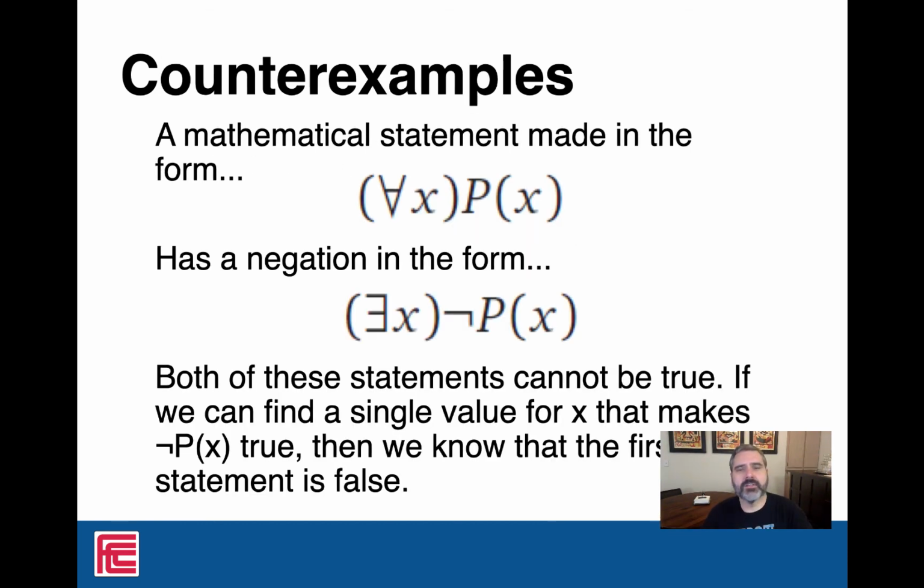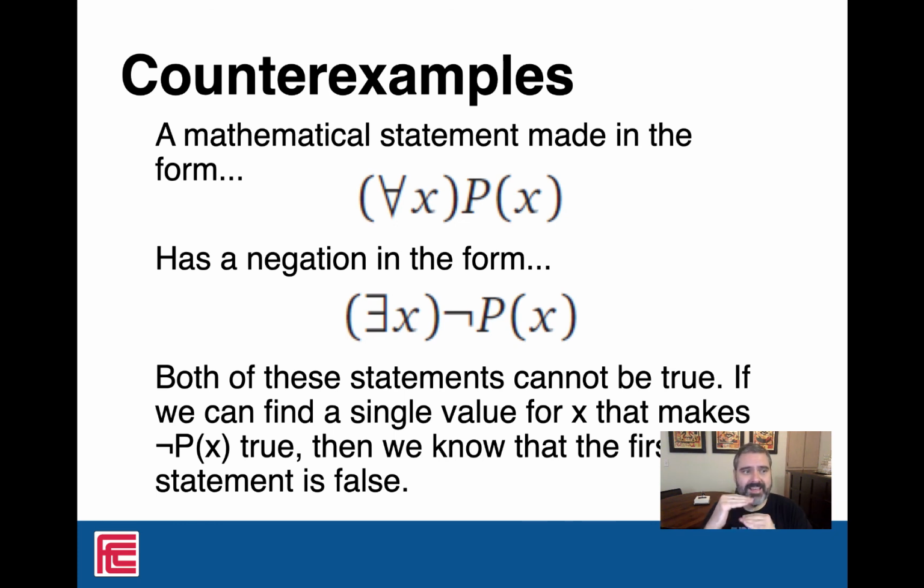All right, now counterexamples are going to feel probably a little intuitive, right? Because we kind of have an idea of what a counterexample is. If you have a mathematical statement that says, I claim that for all x, p of x, whatever this claim is, that all odd numbers give me the Ghiblies, then the negation of that form would be that there exists an x such that not p of x, right?